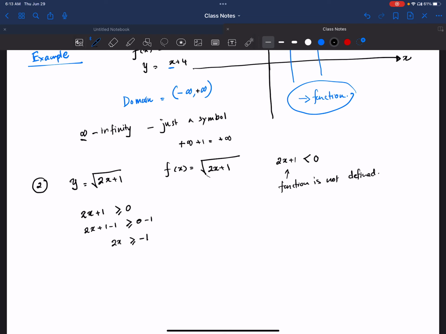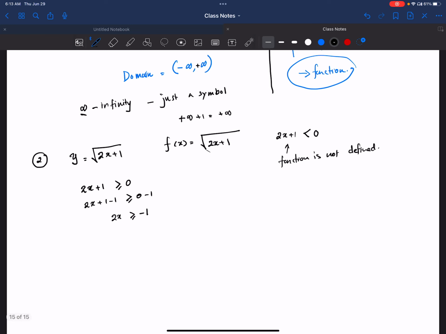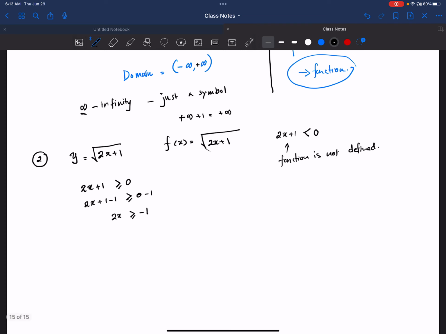And then you can divide both sides by 2, and you get x greater than or equal to negative half.